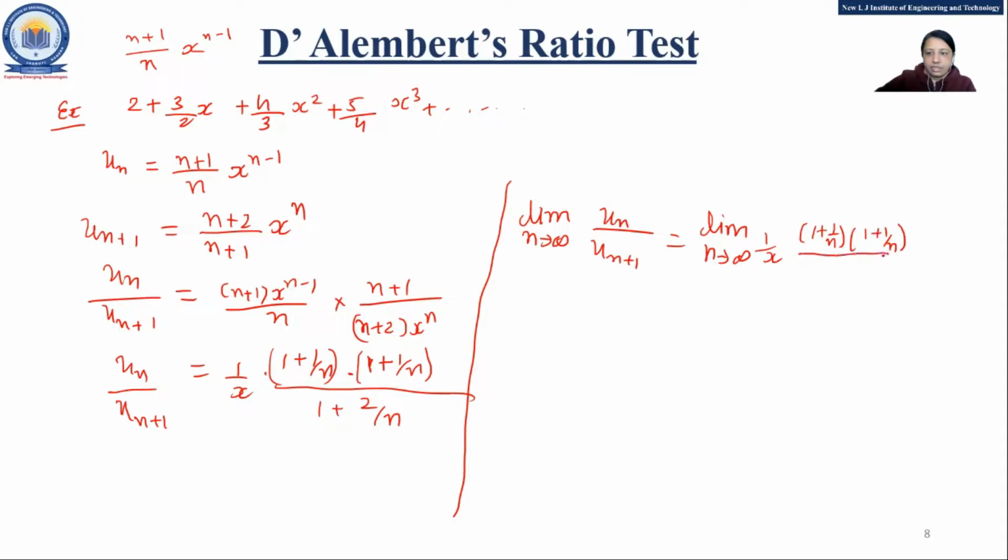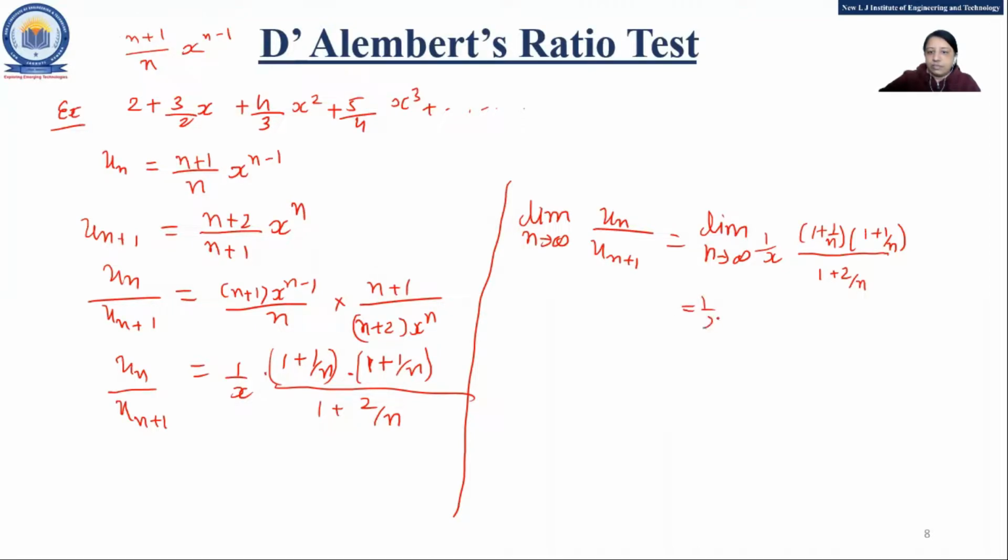What is the answer of the limit? You know that 1 upon infinity is 0. So 1 plus 0, 1. Here also 1 plus 0, 1. So this is 1. So your answer would be 1 by x. Yes, correct.